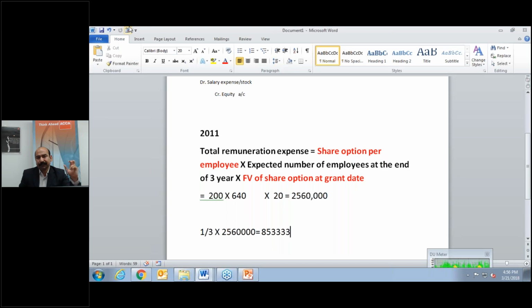You are not in fact interested in the goods. And we have seen in the scope, point number 4, that if you are not receiving services or goods, the issuance of share will not be treated under IFRS 2.